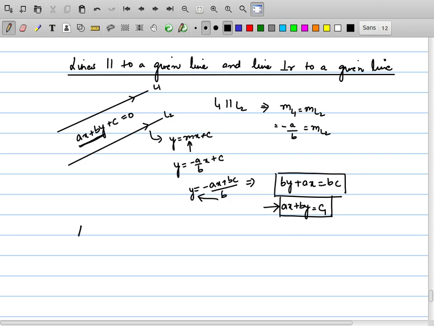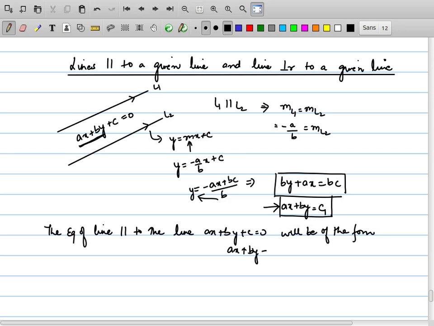That is, the equation of a line parallel to the line ax plus by plus c equals 0 will be of the form ax plus by plus c dash equals 0, where only the constant part would change. The remaining part xy would remain the same.